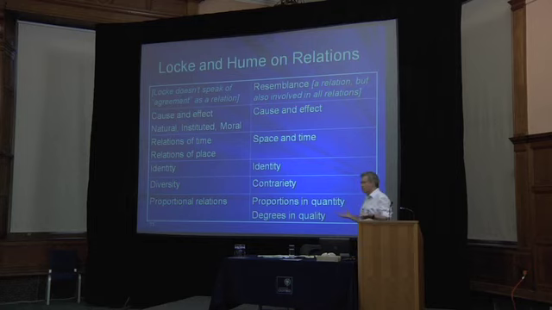And I think it's so close that it's just completely unlikely that it's any sort of coincidence. Okay, Locke is clearly the dominant influence in British philosophy when Hume is writing the Treatise and beforehand. And here he is giving a theory of relations right at the beginning of his discussion, which is very, very close to Locke's.